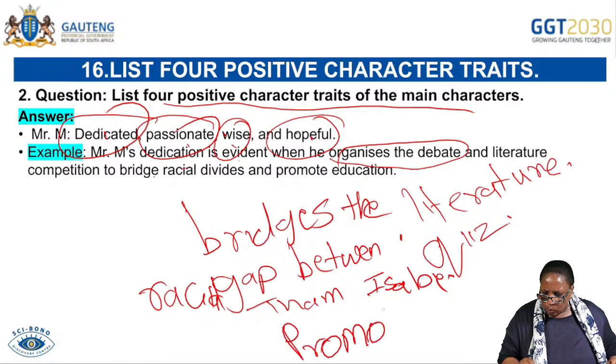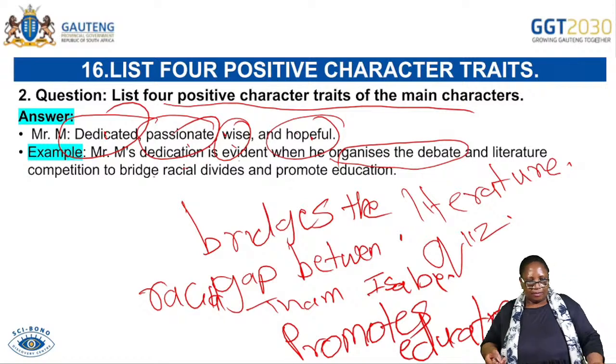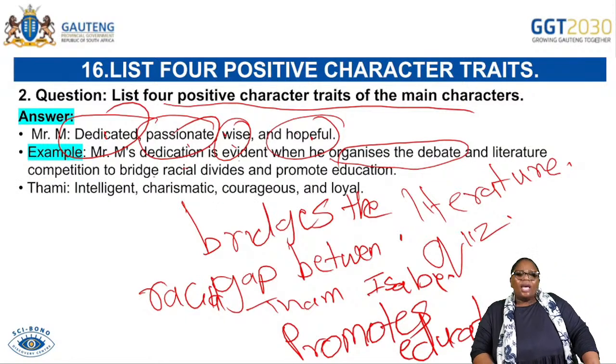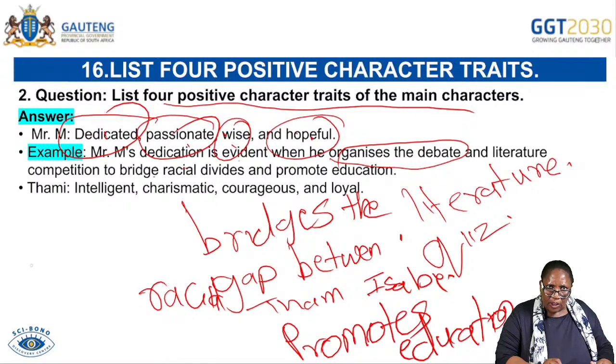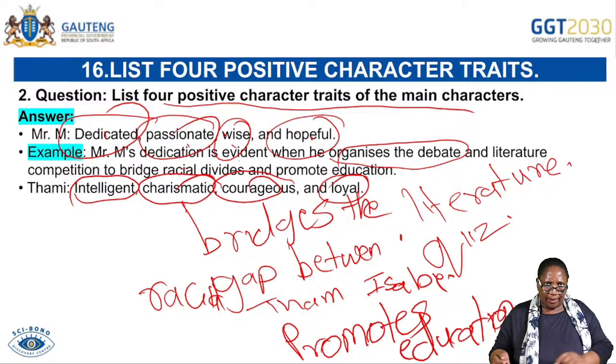It promotes education. Interesting, isn't it? Right. Tammy. We say Tammy is, did you say bright? Yes, he is intelligent. He's also charismatic. He's courageous as well as loyal.